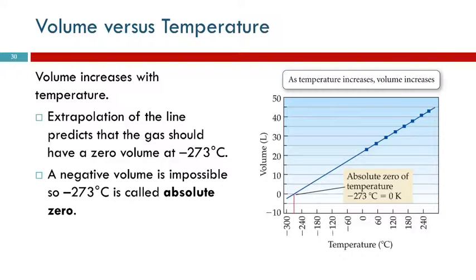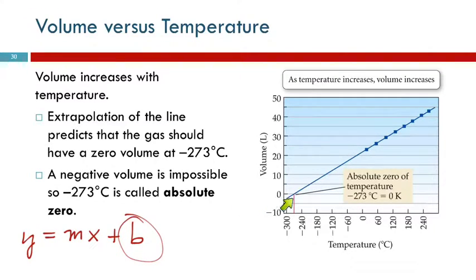When you have the equation for a line, y equals mx plus b. Let's write that down. Y, the vertical axis, is equal to the slope of the line times the value on the x-axis plus b, which is the y-intercept. If this is 0, the equation for the line gets much simpler. And then y equals a constant times x.